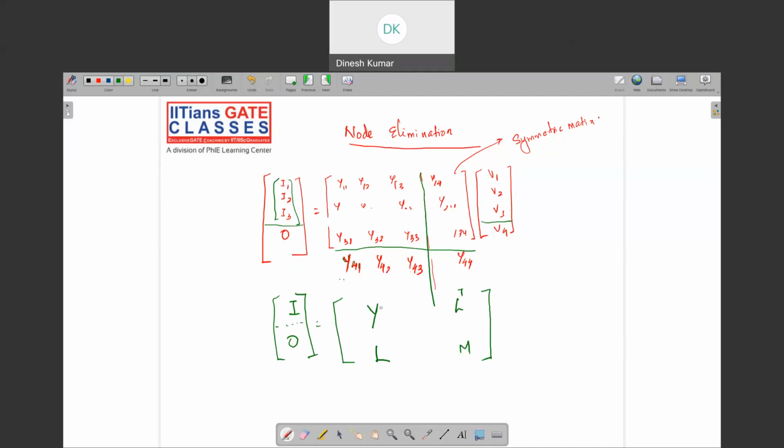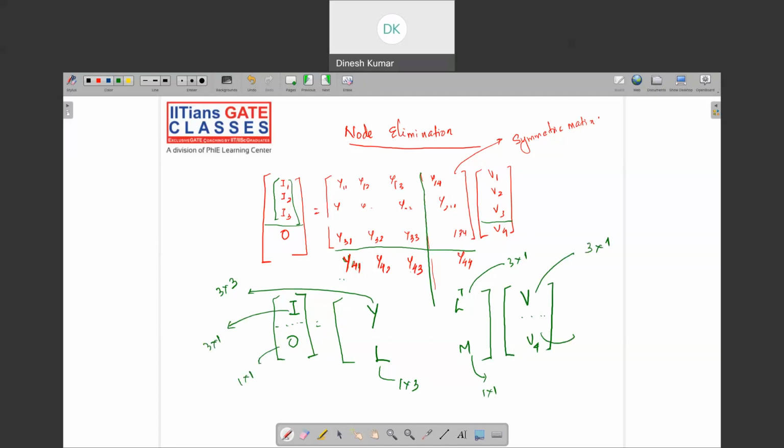Because Y is basically 3 by 3, L is 1 cross 3, L transpose is 3 cross 1, and M is 1 cross 1. Then the voltage vector V is V1, V2, V3, which is 3 cross 1, and V4, which is 1 cross 1.